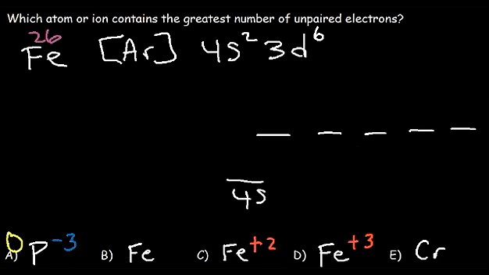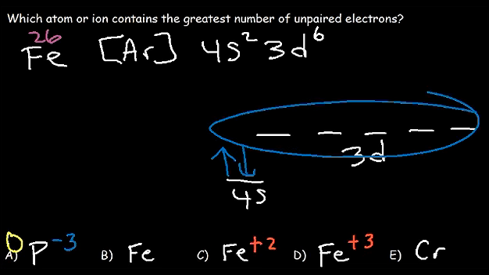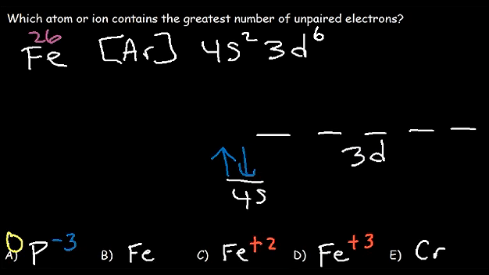Now according to the Aufbau principle, we need to fill up the lower energy levels with electrons first. So once we get to 3d, where we have 5 orbitals of the same energy, Hund's rule applies. So we need to add electrons one at a time with parallel spins. So that's 3d 1, 2, 3, 4, 5, 6.